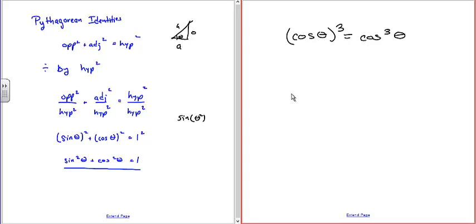But we'll find out if you take calculus that sometimes we want to go from here back to this more expansive version of the cosine, because we want to use that to emphasize that it is the cosine of theta cubed.